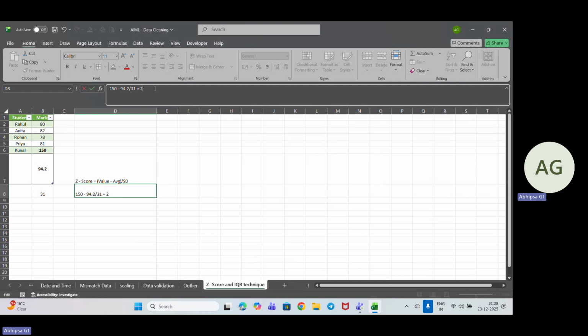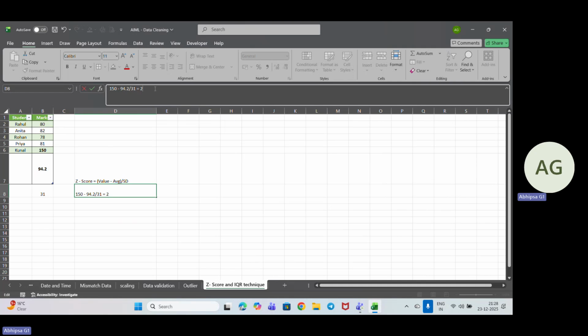So the Z score meaning is: if the value that we are getting is between -2 and +2, that would be normal. If it is less than -3 or greater than +3, that would be considered an outlier. Okay, so that is the rule that we have for Z score.